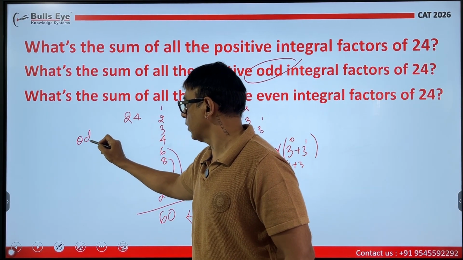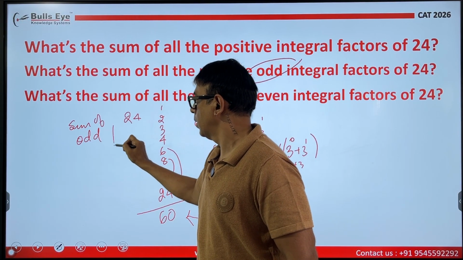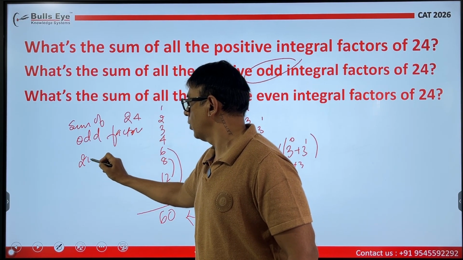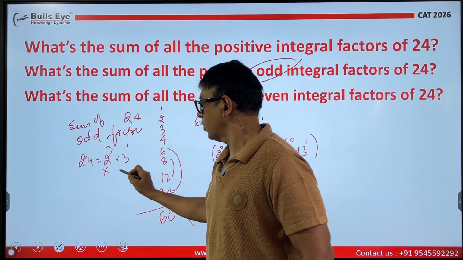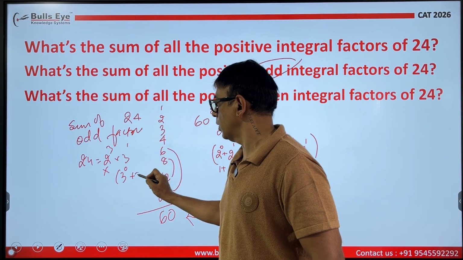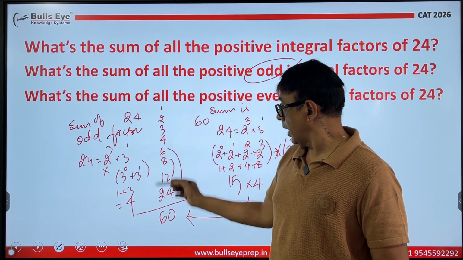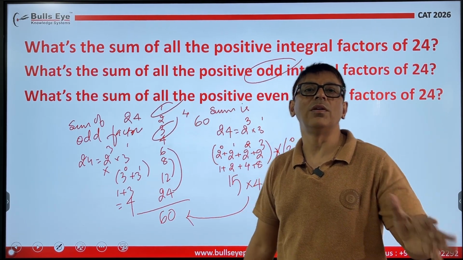For odd factors, ignore this, only take 3 raised to 0 plus 3 raised to 1, that is 1 plus 3, and that is 4. And here it is 1 and 3, that is 4. All others are even numbers.